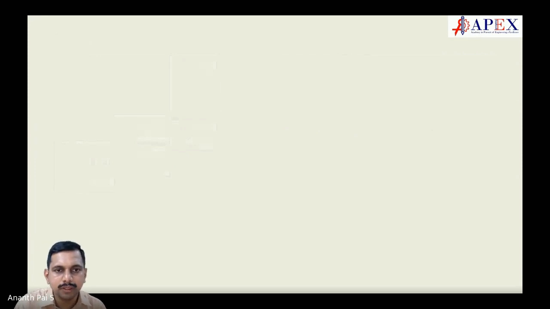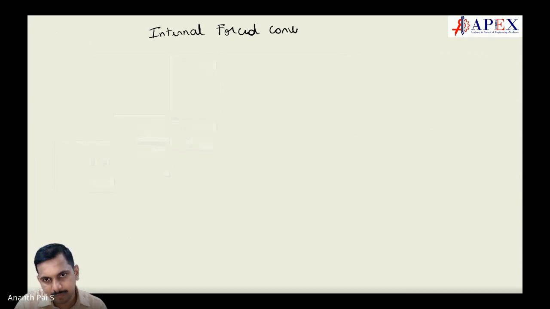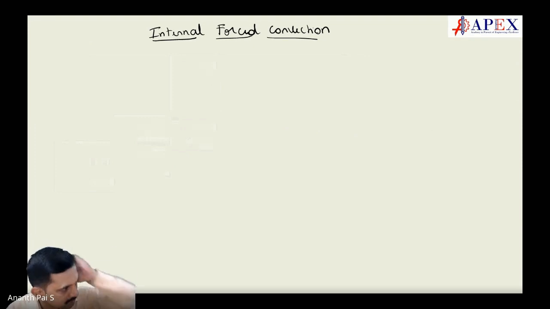So let us go with internal forced convection. Internal means it's going inside a duct generally. Duct can be circular or otherwise.